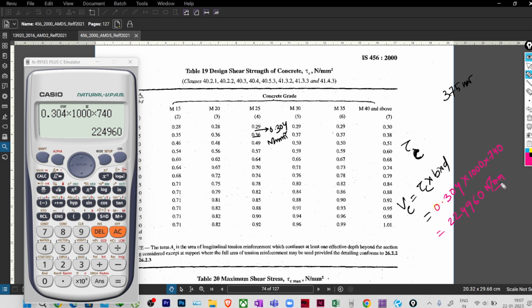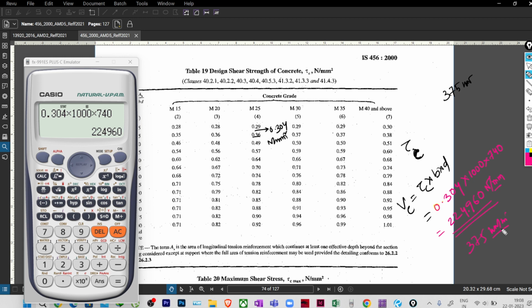Okay, now if we convert it to kilonewton per meter, how much will it be? It will be 224 kilonewton per meter. But our shear that we are getting is 375 kilonewton per meter. So for this minimum reinforcement that we are providing, for this thickness that we have decided, it is not okay, right?